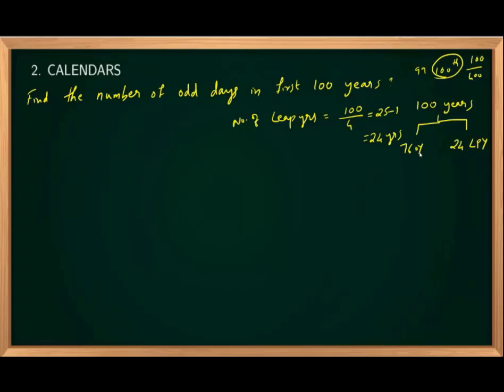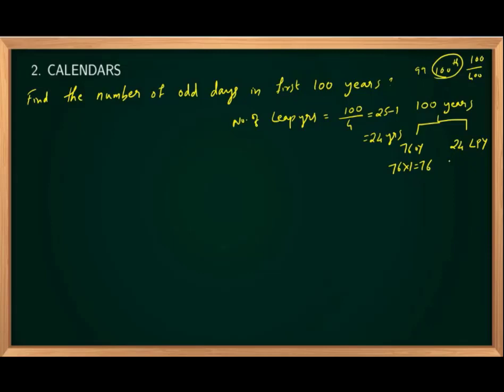Then we take 76 ordinary years and 24 leap years. For an ordinary year, there are 365 days; 365 divided by 7 gives a remainder of 1 day. So for 76 ordinary years, 76 into 1 equals 76. For one leap year, there are 2 odd days, since the remainder of 366 divided by 7 is 2.